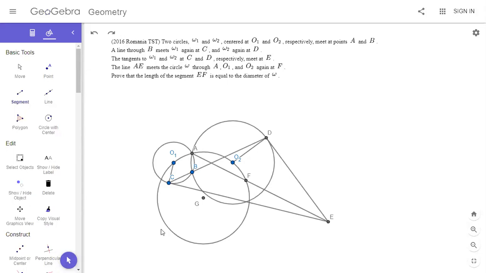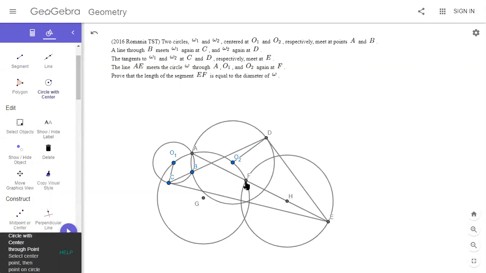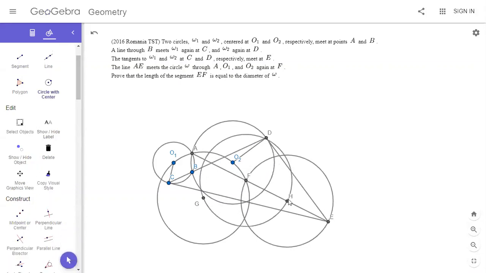So I wonder, what if we drew the circle with diameter EF? Basically, we're saying these two circles are the same size, right? I mean, yeah, that's a much better way to phrase it.